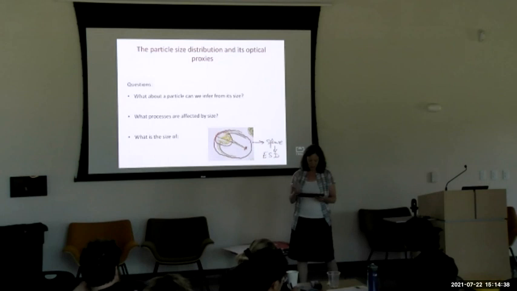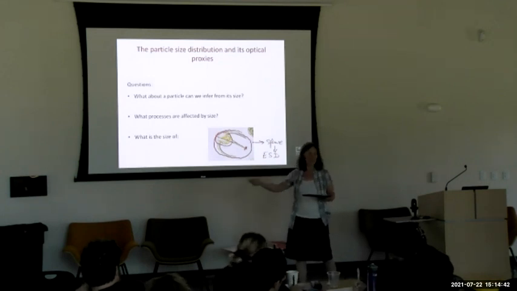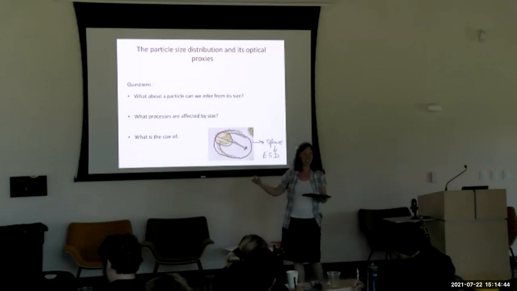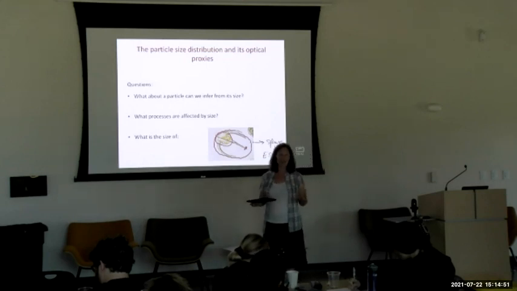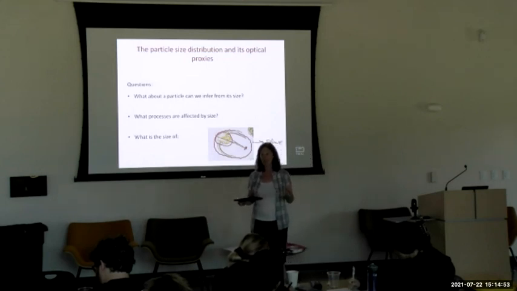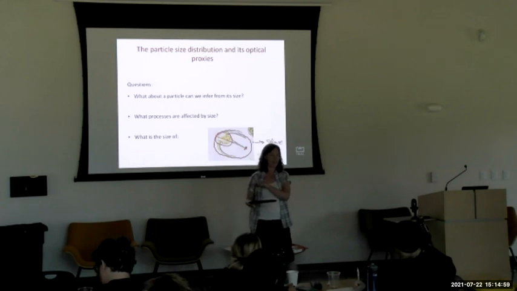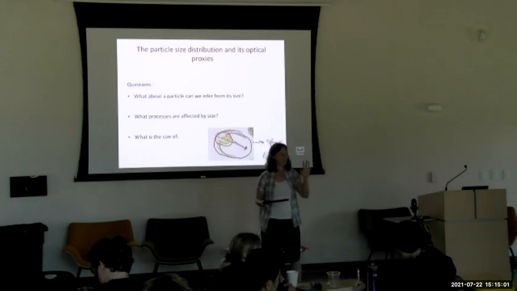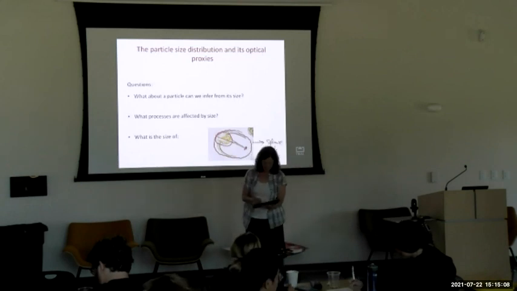So we could filter it and weigh it, or filter it and measure the content of something in it. There are a lot of different ways that we might try to quantify size, and we use a lot of different instruments to tell us size as well. We'll come back to this a little bit in a moment.